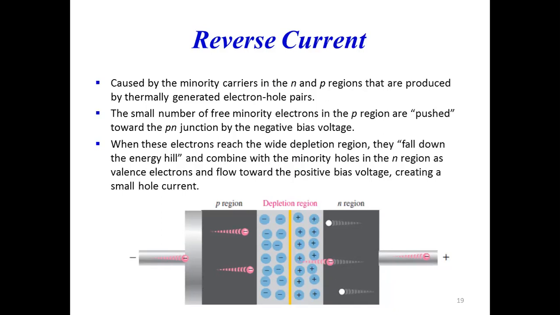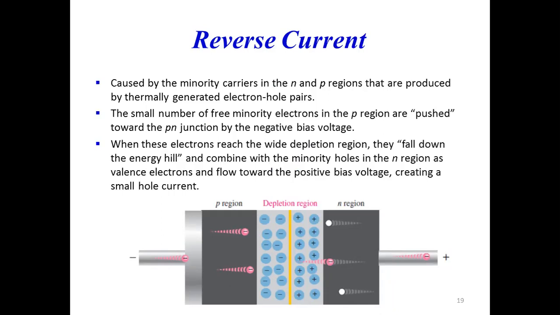Now, student, whenever there is an increase in temperature, more and more electron hole pairs will be generated. So whenever there is an increase in temperature, you will get a slight increase in this reverse current because more and more minority carriers will be available during reverse bias condition. So definitely it is temperature dependent also.